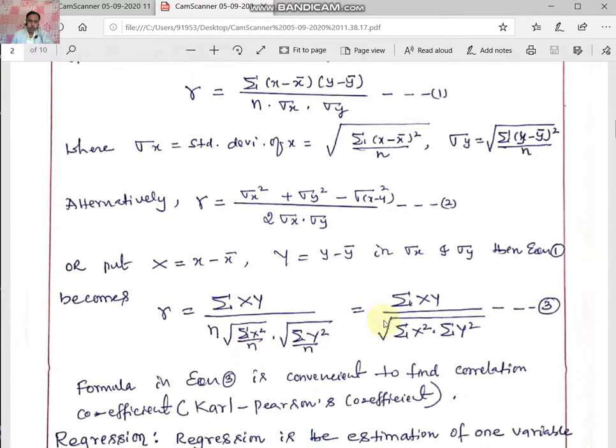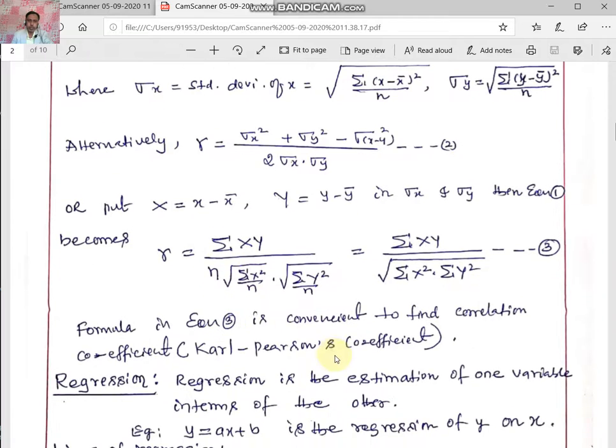N will be cancelled. There remains sigma XY by whole root of sigma X square into sigma Y square. So sometimes we can use this definition for finding the correlation coefficient. This correlation coefficient is sometimes called Karl Pearson's coefficient.